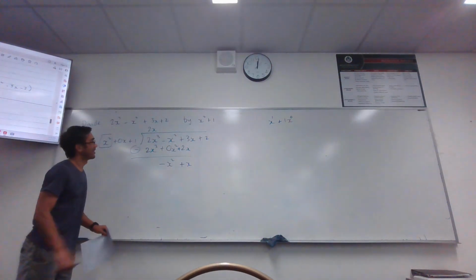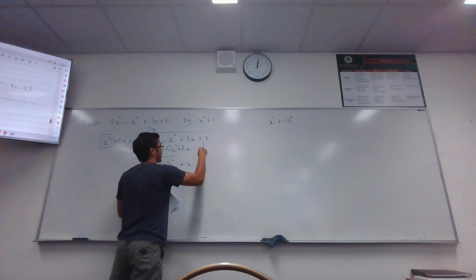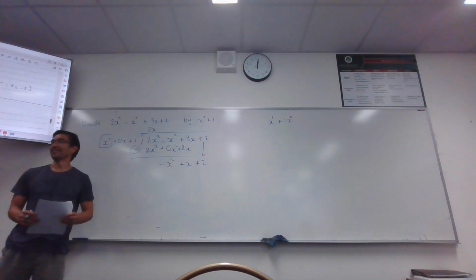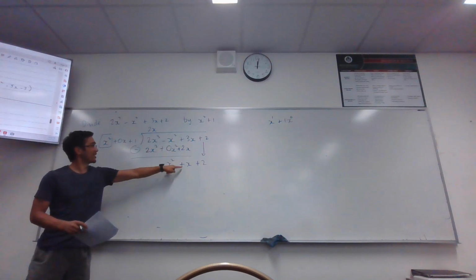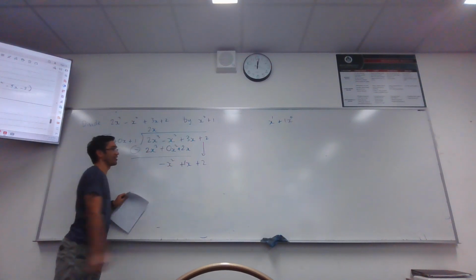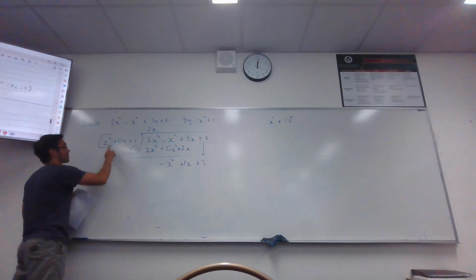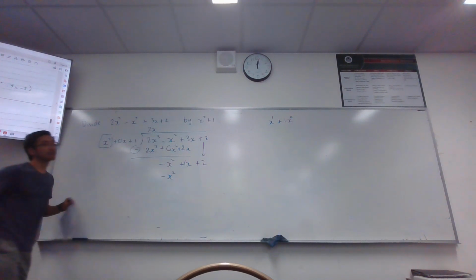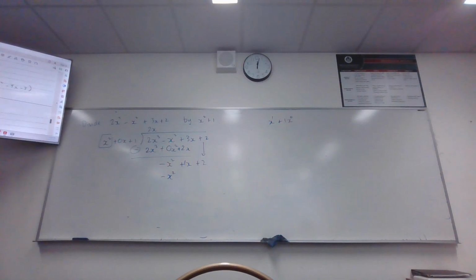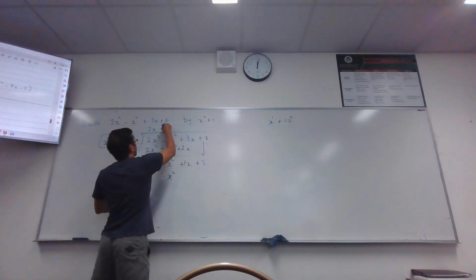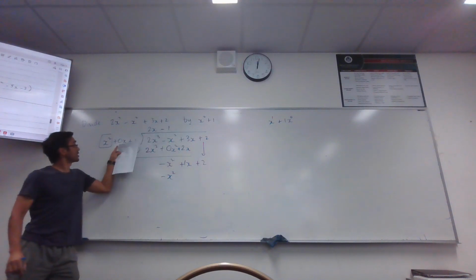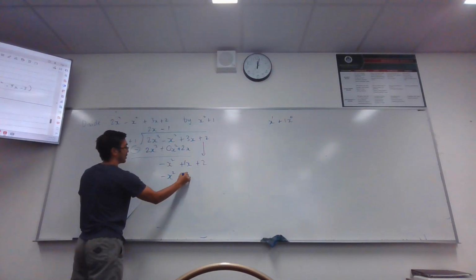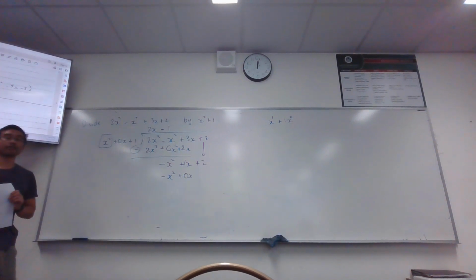Okay, pull the 2 down. Thank you, Charlie. Now sharing them around. 3 take away 2 is a 1x. Just going to highlight that. Lastly, x squared times something is a negative x squared. It's a -1. And we apply that -1 to each of these. -1 times 0x is just going to be a 0x.